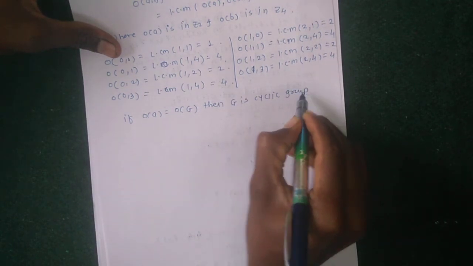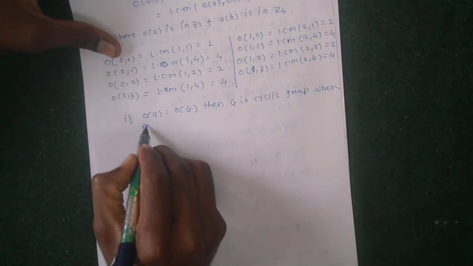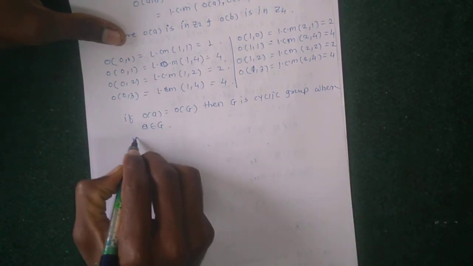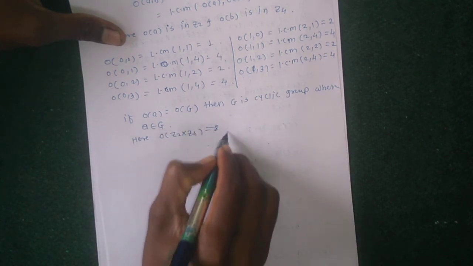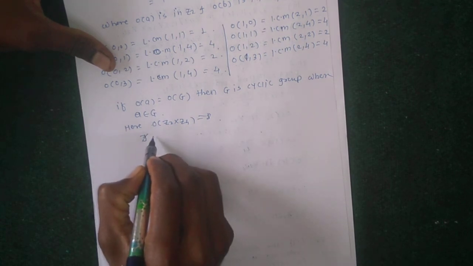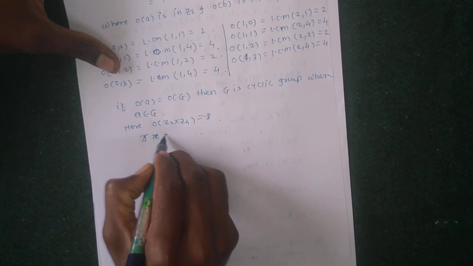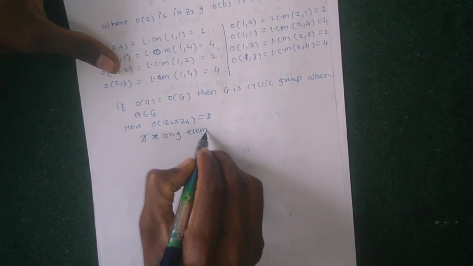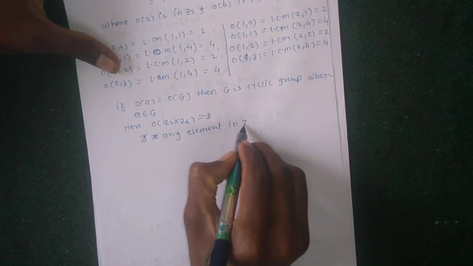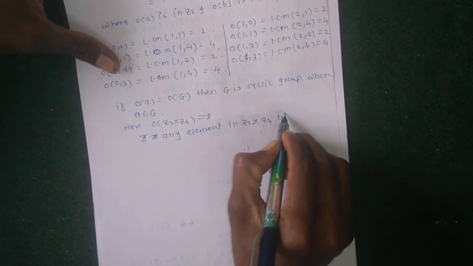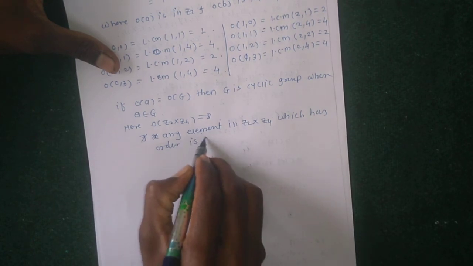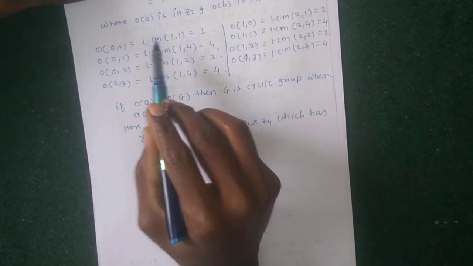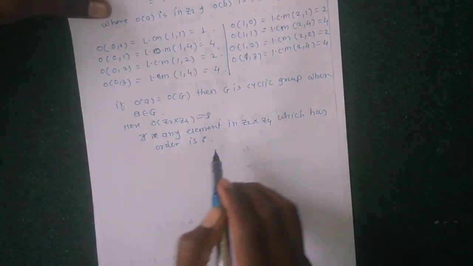Here the order of Z2 cross Z4 is 8, and there does not exist any element in Z2 cross Z4 which has order 8.